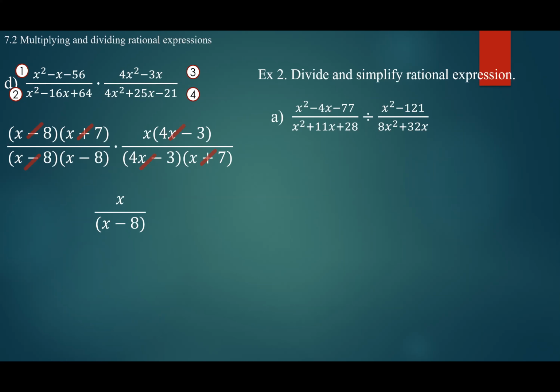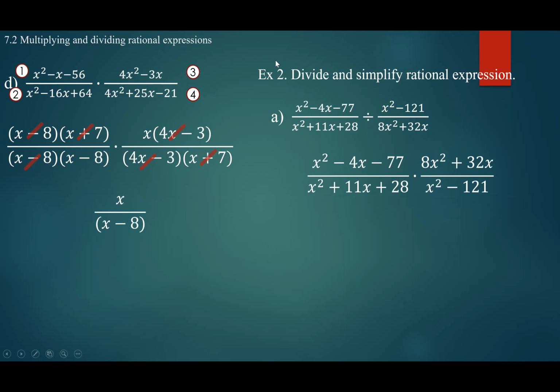Why? Because if you remember your rule for dividing fractions, or rational numbers, we cannot divide directly. What do we need to do? Well, we need to change the division to a multiplication and take the reciprocal. That's the rule that we had before.